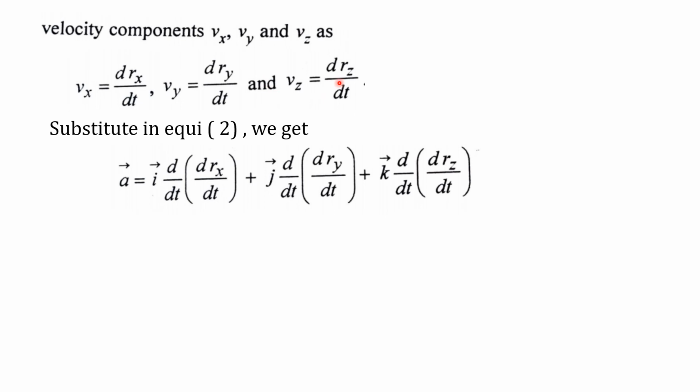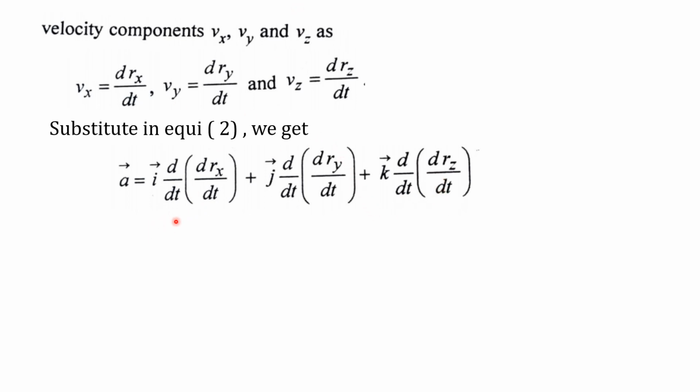What is Vz? drz by dt. Therefore, we substitute these terms and write the equation in that form. Vector A equals i d by dt of drx by dt plus j d by dt of dry by dt plus k d by dt of drz by dt.